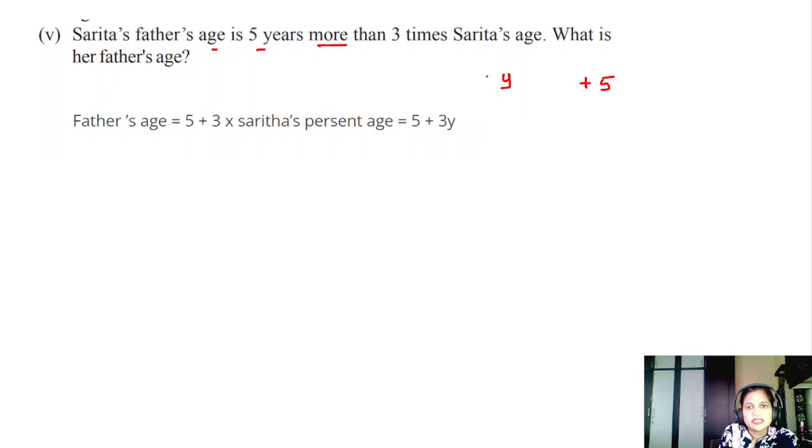Sarita's age is Y. 3 into Y is 3 times, 3Y plus 5. Father's age is equal to 5 plus 3Y. So the variable expression is 5 plus 3Y. That is your answer.